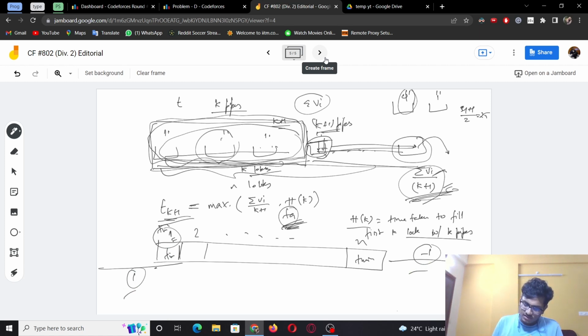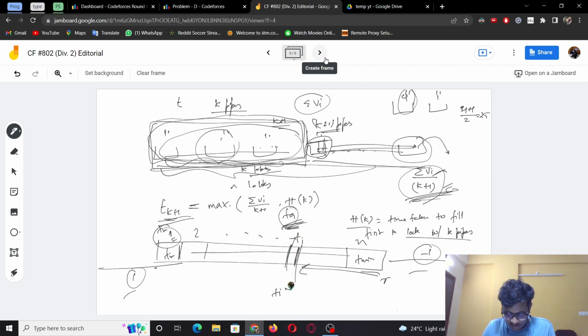Now for any of the middle cases, we'll start from the right side, and we'll find the first value, say ti, such that ti is greater than tq.